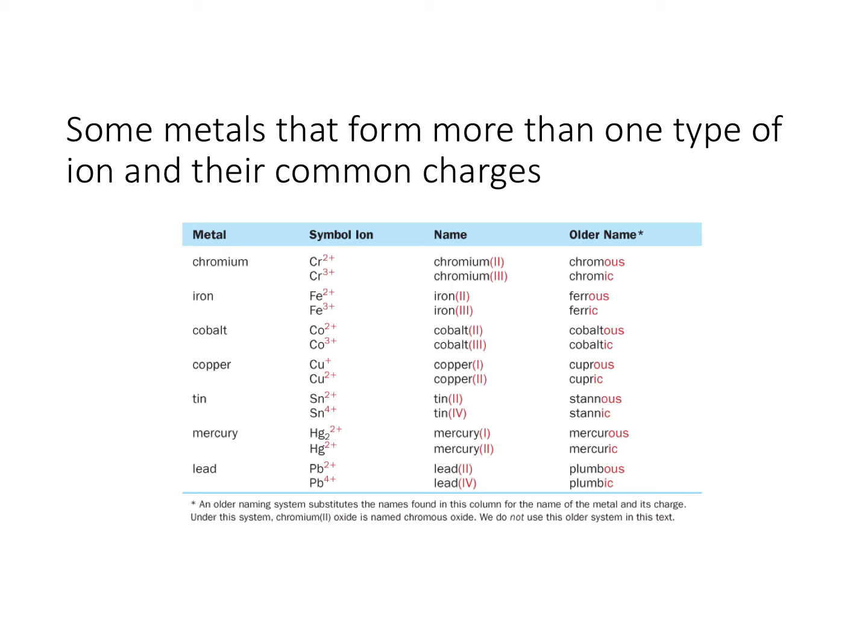And as I said, I'm not going to give you this table in the exam, but I expect you to know the anions, and by knowing anions, you can determine the charges of these metals. And we go through some examples today, so it becomes more clear. But remember, not all of these metals are transition metals. Tin and lead are not transition metals, but they form more than 1 type of charge. Any questions so far?